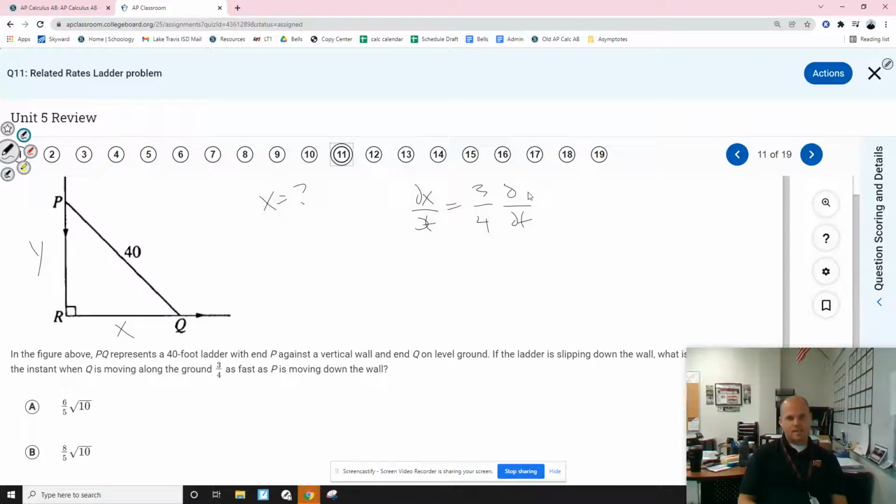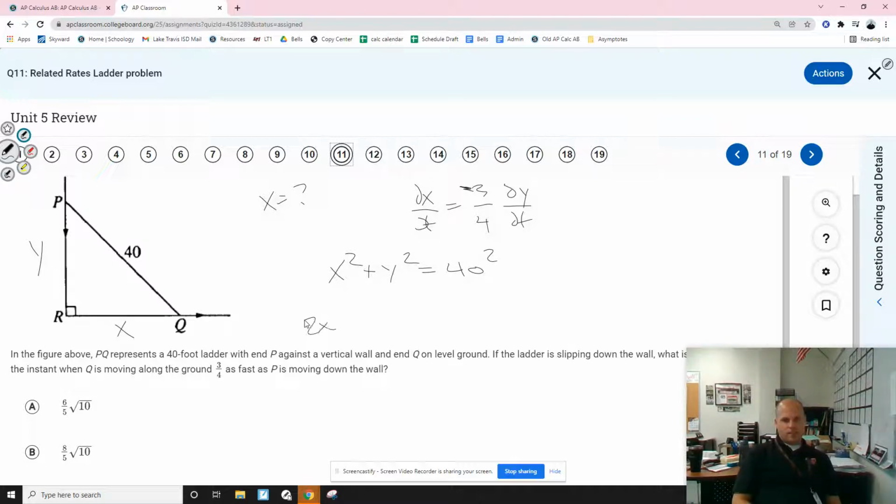Now, dy/dt should be negative. I'm not sure how that's going to play out, whether I need to put a negative here. Because dx/dt is positive and dy/dt is negative, there's got to be a negative here. Now, the Pythagorean theorem can be used, and it can be simplified with that 40, which is constant.